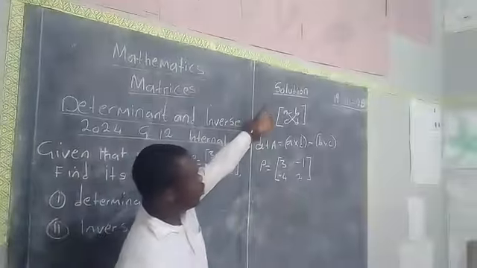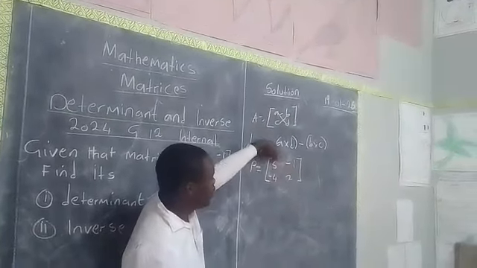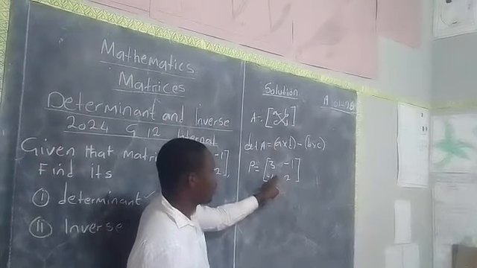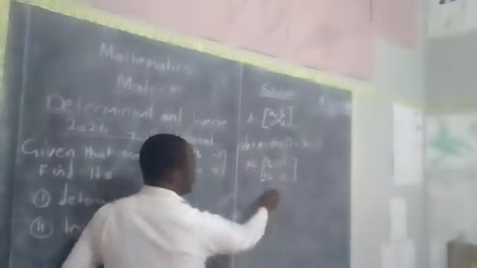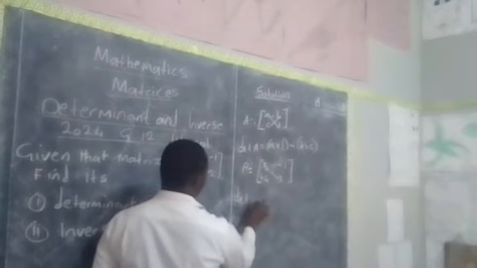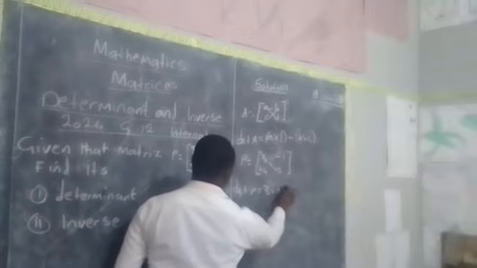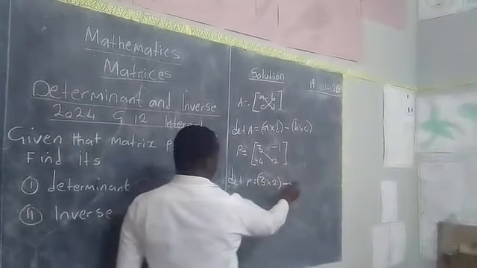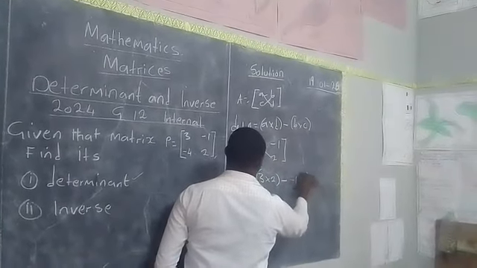Just like the formula on top, you have to multiply the opposite diagonal numbers, top times bottom and top times bottom, then subtract in the middle. So we write determinant of P equals 3 times 2 in brackets, then minus negative 1 times negative 4.